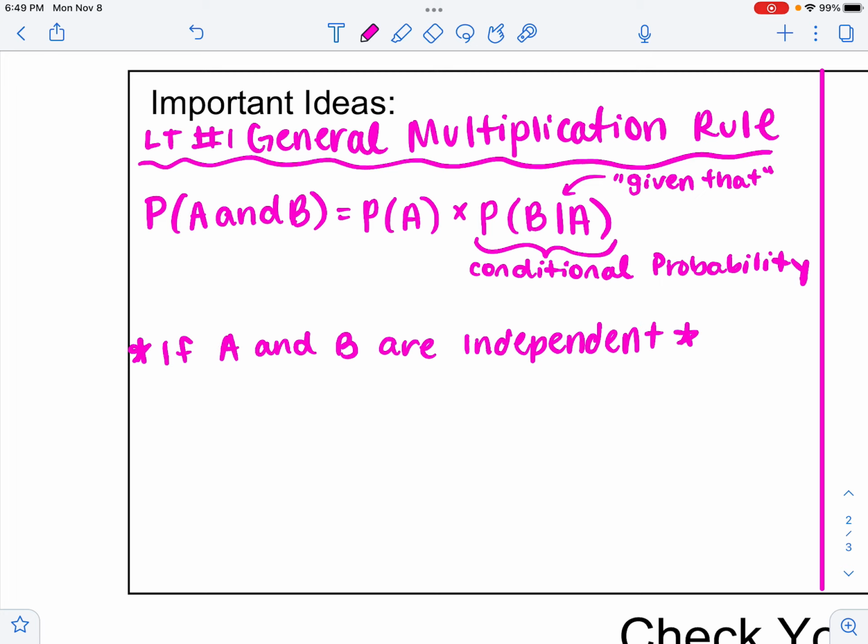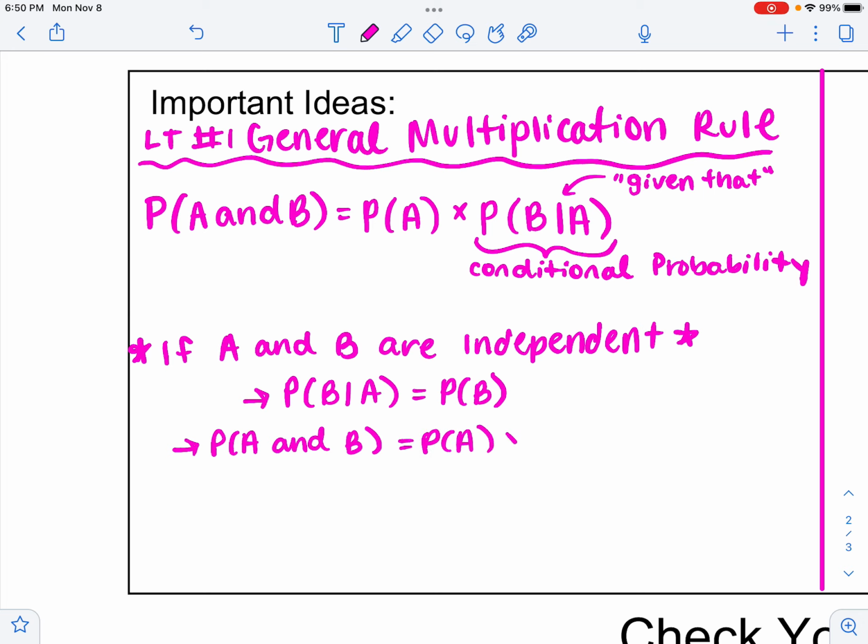Well, from what we learned yesterday, if they are independent, that means that the probability of B given A should be equal to just the probability of B. So our simplified equation then is going to just be the probability of A and B equals the probability of A times the probability of B.